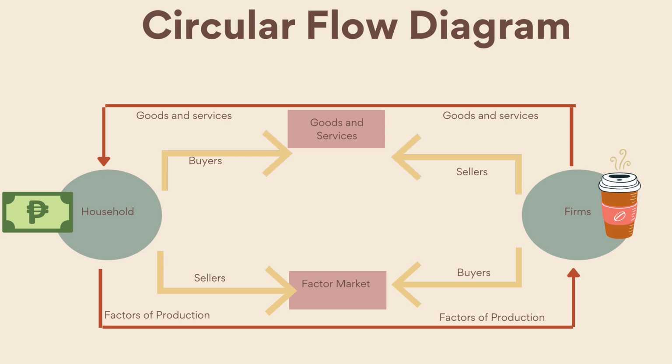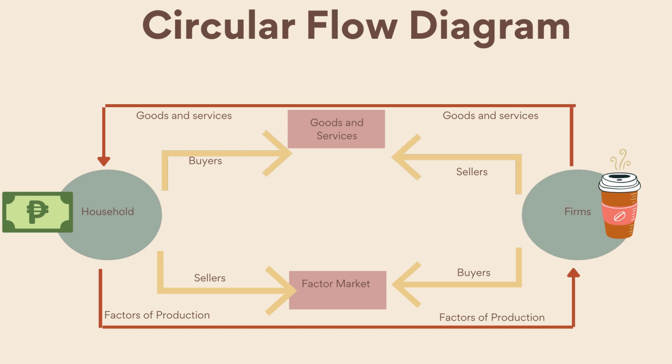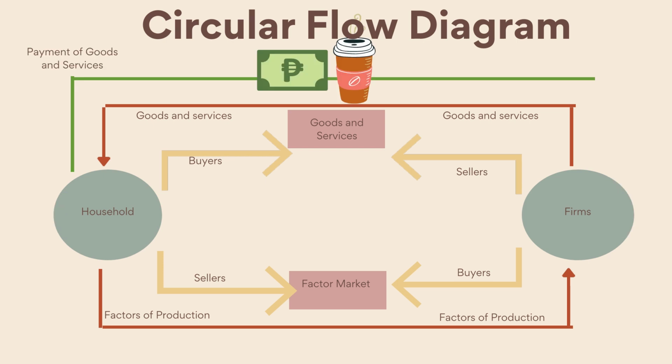So, since we have money, as payment for goods and services, we will buy, using our peso, what the firm sells, which is coffee. So that is the coffee, and here is your money. Now, you're going to exchange your money for payment of goods and services.